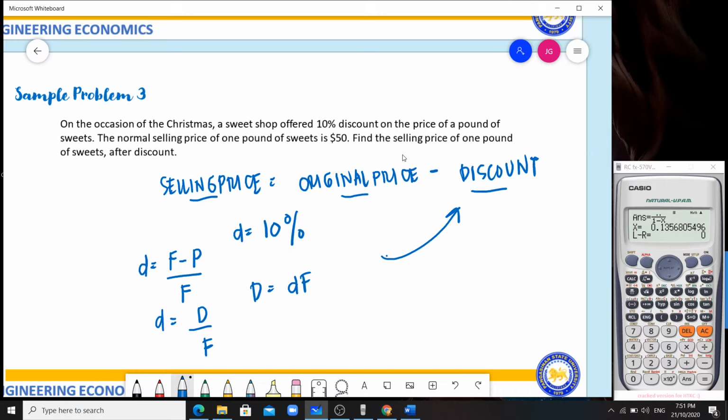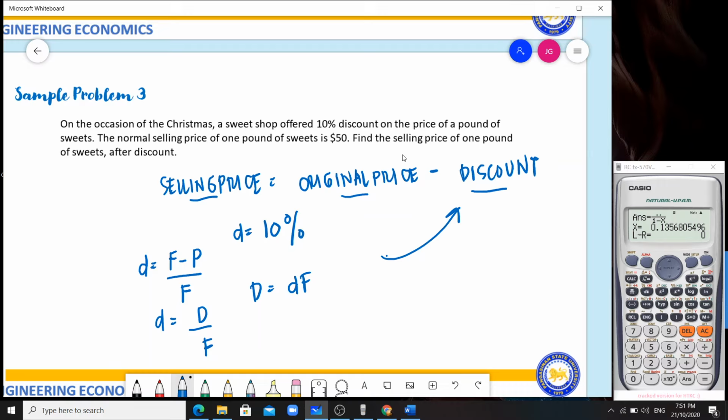This is 0.10 of 50, which is 5. The discount is 5 pesos. So, the original price of $50 minus the discount of 5 is $45. So, our selling price will be $45. That's how simple it is. Not too complicated.